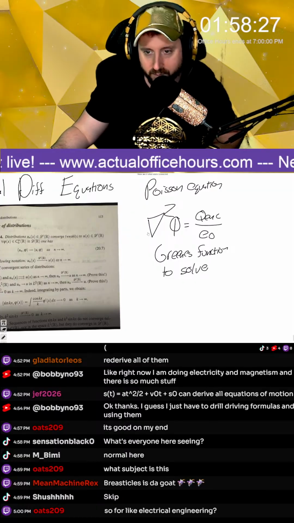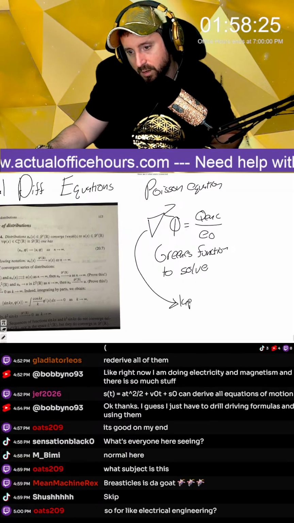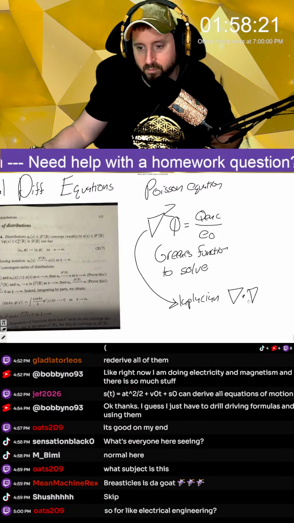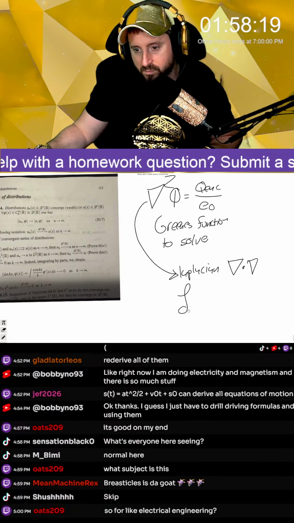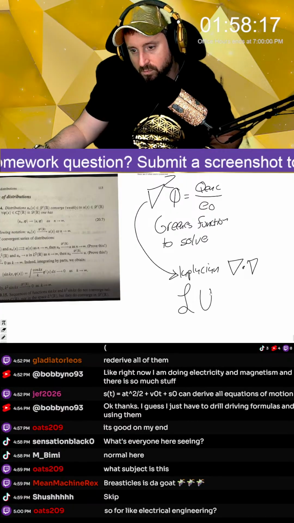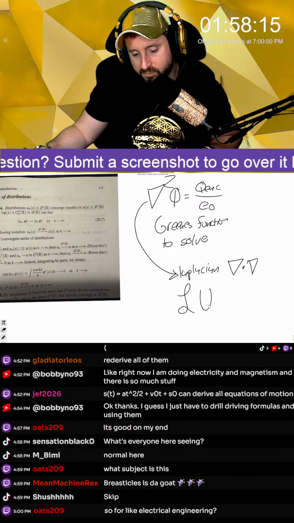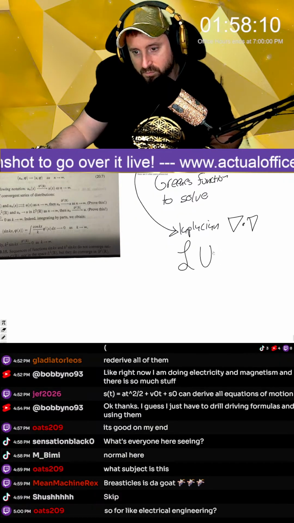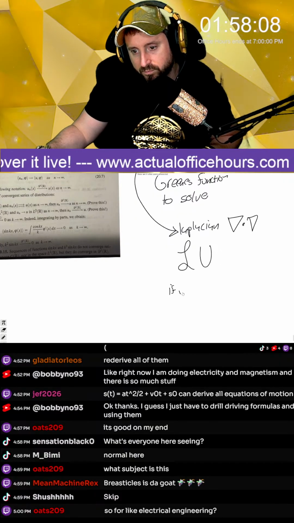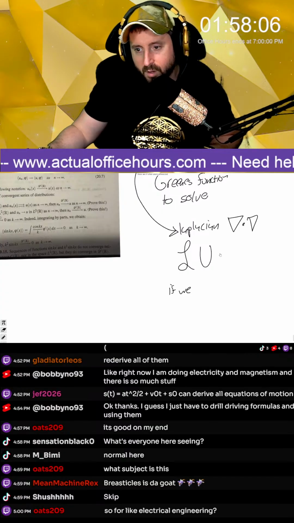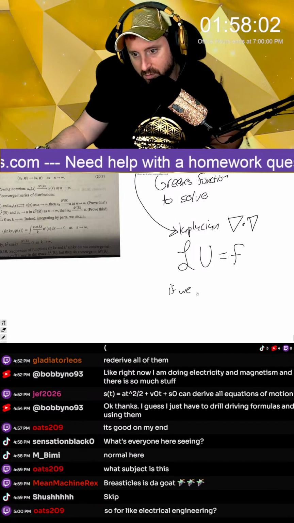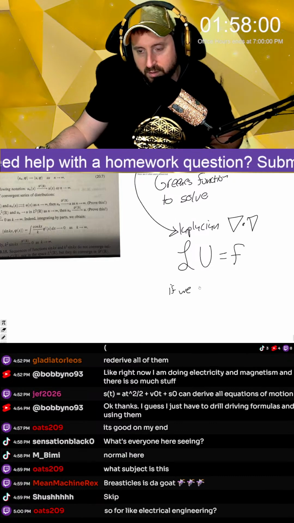So we could write that as L operating on U. And the idea is, if we can figure out what L inverse is, then L inverse acting on our f of x, being our source term, gives us U. Okay, I see.